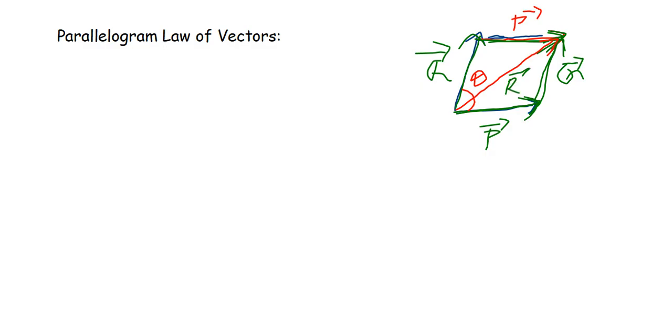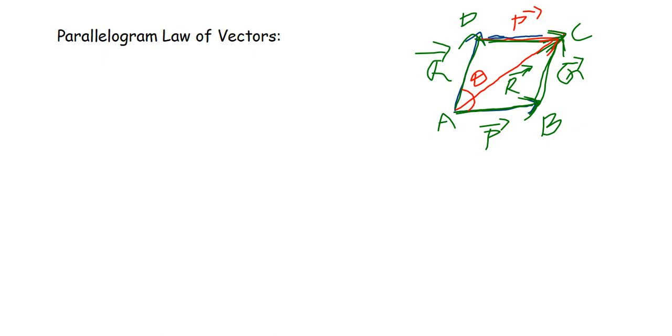So this is a parallelogram. In this parallelogram, opposite sides are equal to each other. Here A, B, C, D: AB is equal to DC and BC is equal to AD. So opposite sides are parallel to each other.